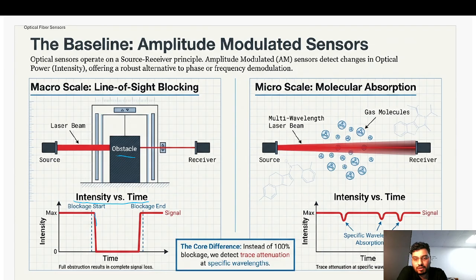While if molecules are absorbing, it's in an environment where, suppose, the carbon dioxide concentration is quite high, or a tiny amount of carbon dioxide is there.